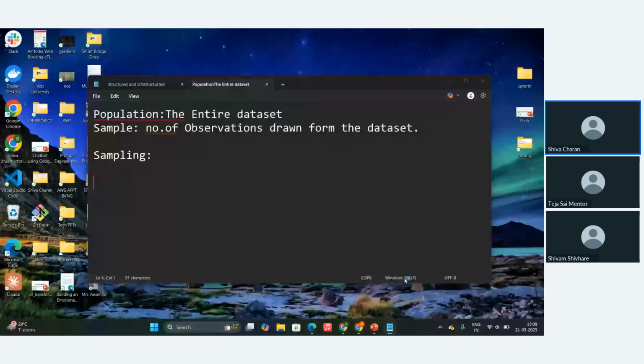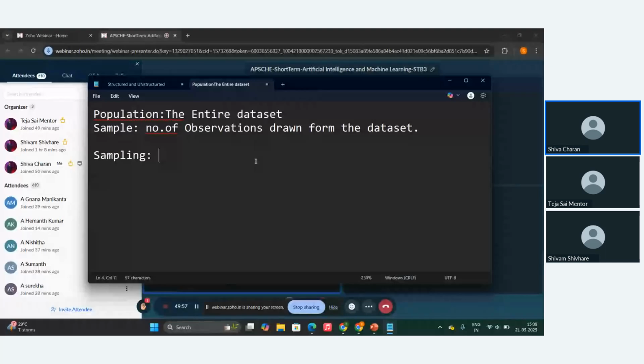So sampling, what did I say about sampling? It is a fixed number of observations drawn from the whole population.